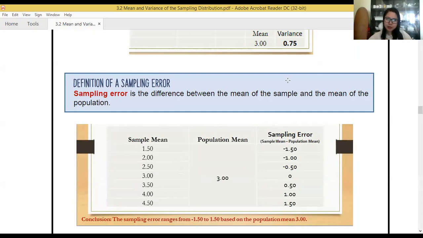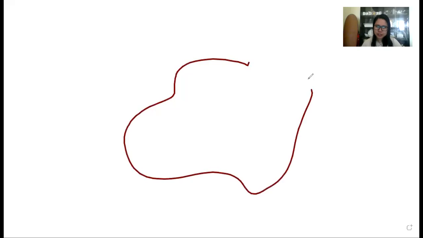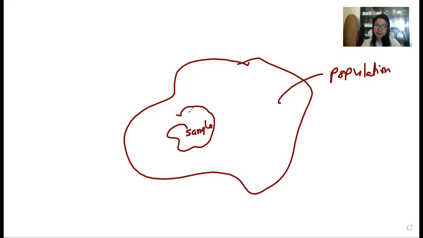Because here's how it works. Remember I told you yesterday that it's very impossible to take data from the whole population. So what do we do? We only take a sample to represent the whole population.